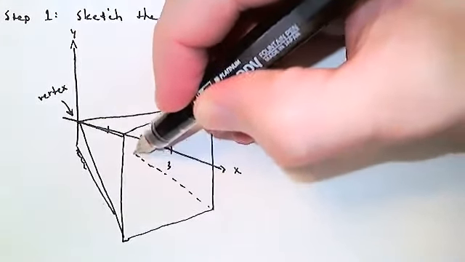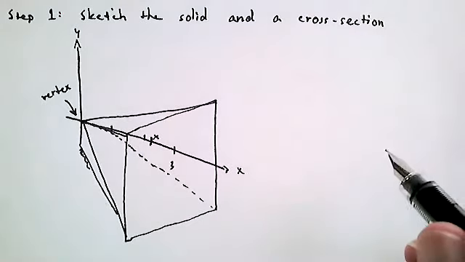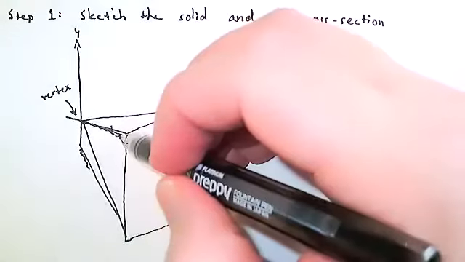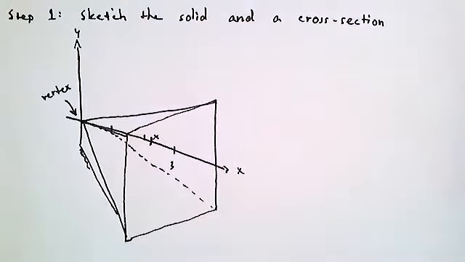And then in the problem, it talks about a cross section that's X meters down from the vertex. So what I want to do is go along the x-axis. Let's just pick a point, maybe here. We'll call that X meters. And I want to draw a cross section.